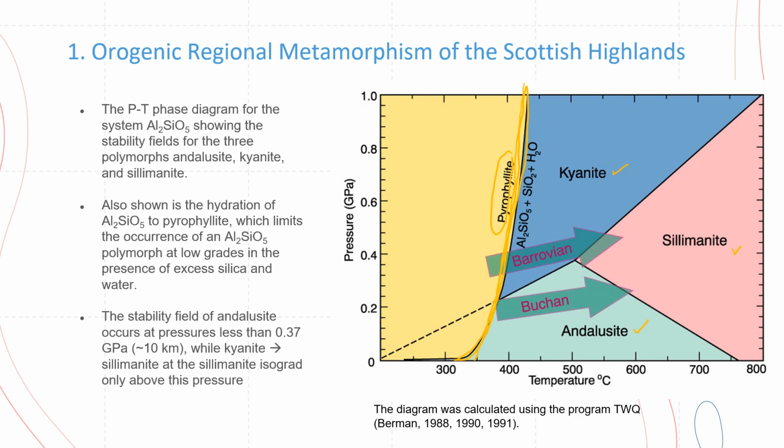So now our graph is pushed in this direction. So the stability field of andalusite occurs at pressures that are less than 0.37 gigapascals, and kyanite to sillimanite at the sillimanite isograd is only above this pressure.